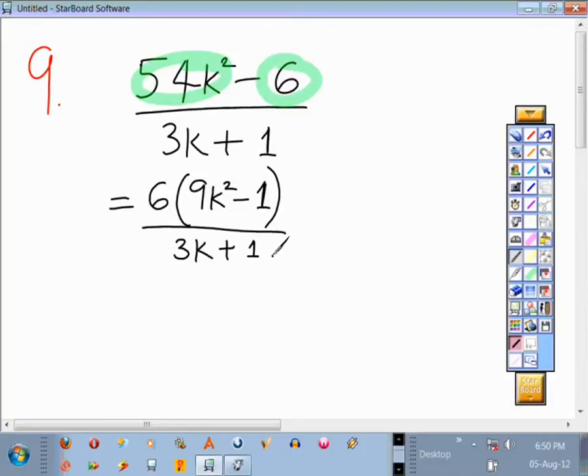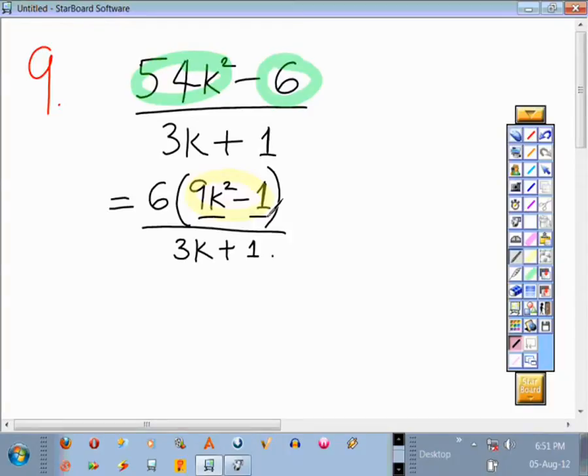Now obviously, looking into the content of this bracket, you will observe that the two terms here are each perfect squares. That is to say, we may write each of them as something squared, where those two things are rational statements.